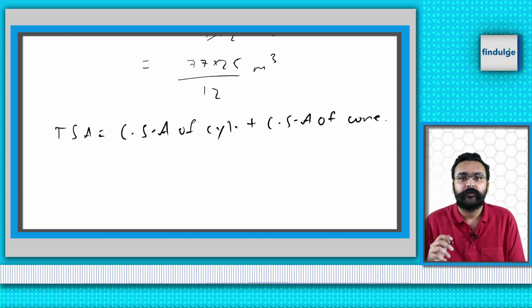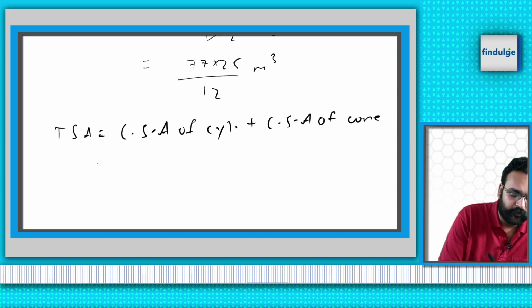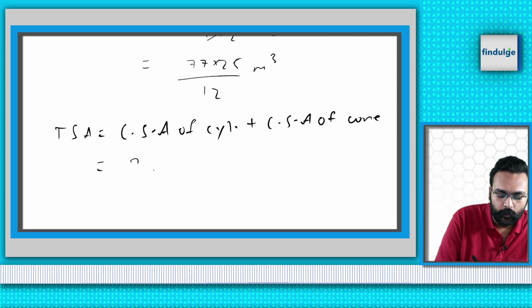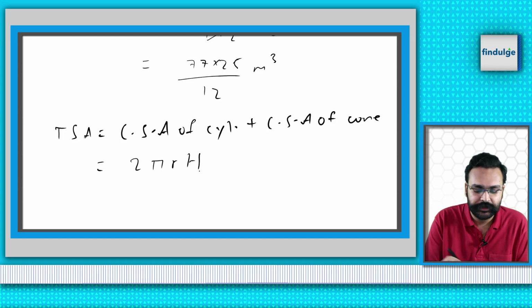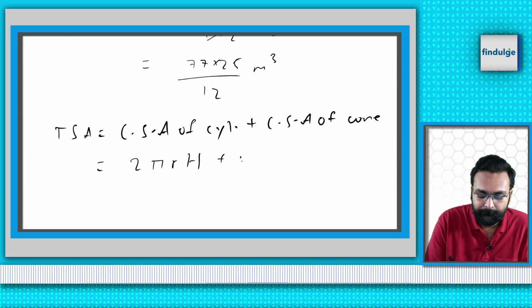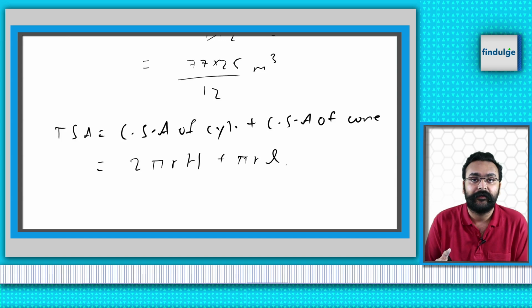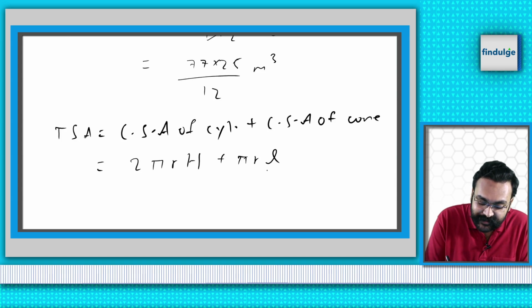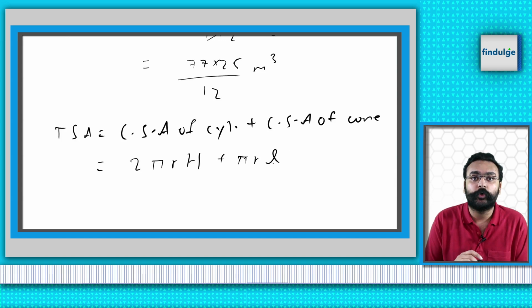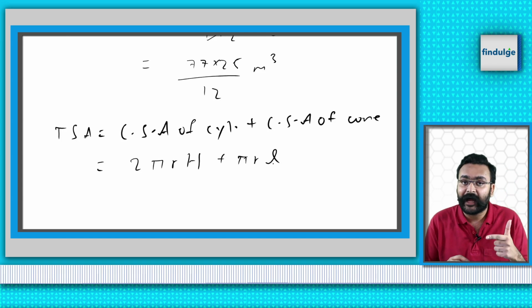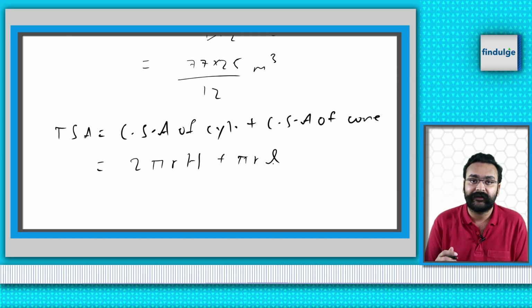Now here we remember that the formulas are 2 pi r h, again notice the capital H, plus pi r L. Now the problem is this L we do not know right now. We know the radius and the height of the cone, but not the slant height.